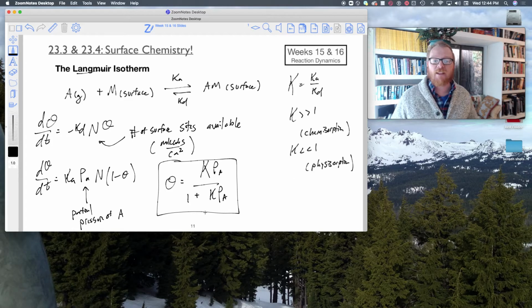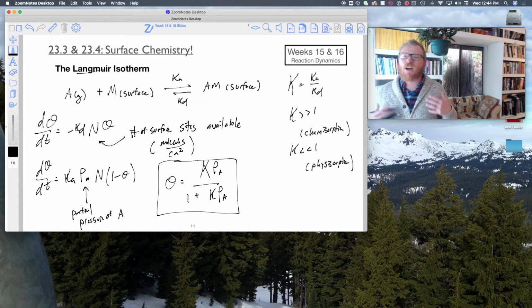What's important about the Langmuir isotherm is it gives you a predictive way, under a certain set of conditions, to know how many monolayers will be present on the surface, if you know the partial pressure of A and this equilibrium constant.